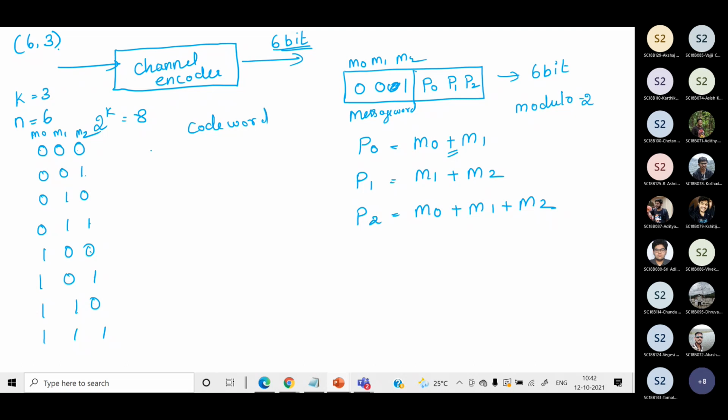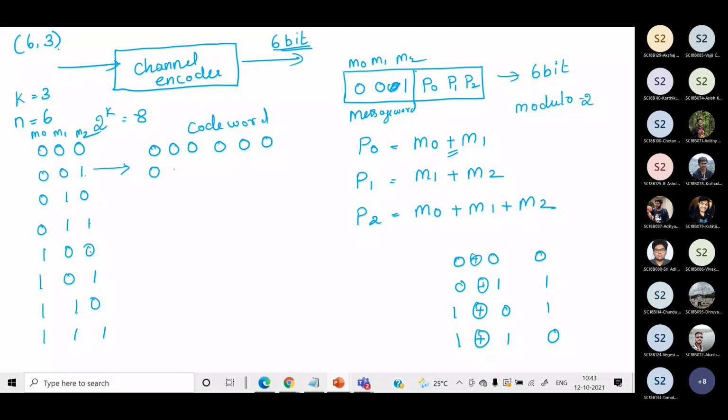First, write all three message bits. P0 is the modulo 2 sum of the first two: you get 0. P1 from the next two: 0. Adding all three: 0. Now let's see the modulo 2 adder: 0 plus 0 is 0, 0 plus 1 is 1, 1 plus 0 is 1, and 1 plus 1 is 0.